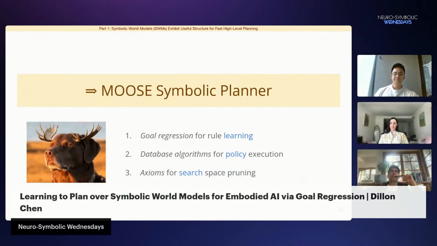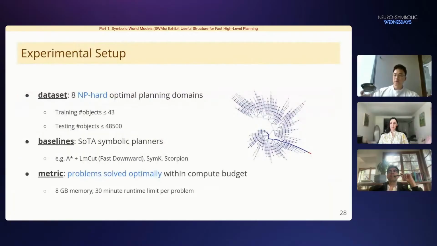Okay, yeah. So the point here is that some planning problems are polynomial time to solve.